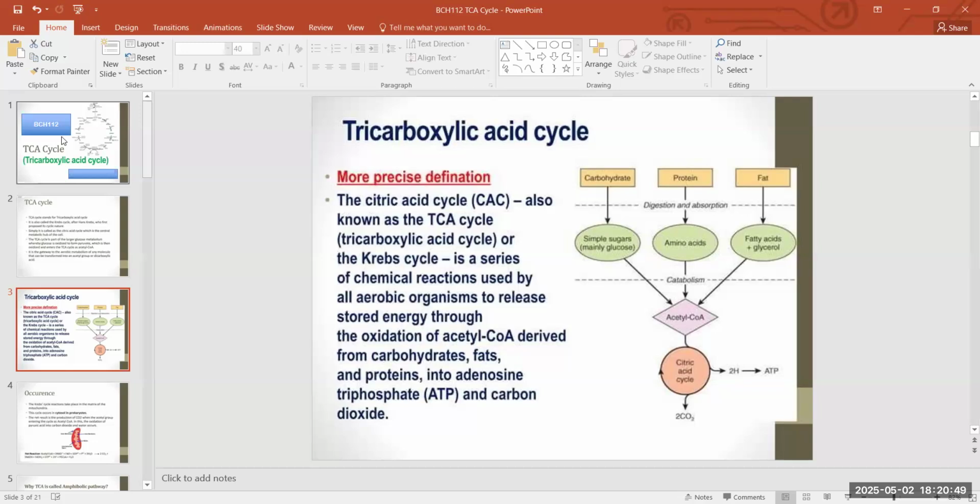So you can see you can find the TCA cycle to be both anabolic and catabolic. So in between them, a name is given, which is amphibolic. That is why you cannot say the TCA cycle is a catabolic pathway only or an anabolic pathway only, but you can say it's an amphibolic pathway. This diagram is showing you. You can see carbohydrate can be converted to acetyl-CoA. Protein also can be converted to acetyl-CoA. Fats can be converted to acetyl-CoA.